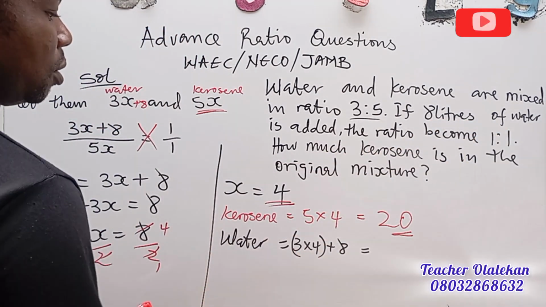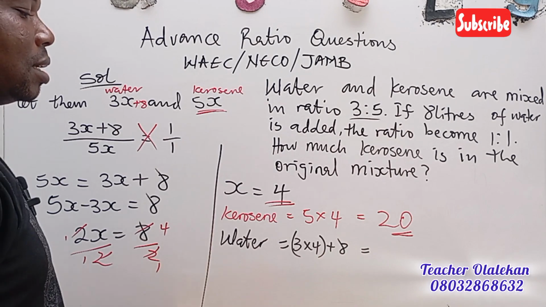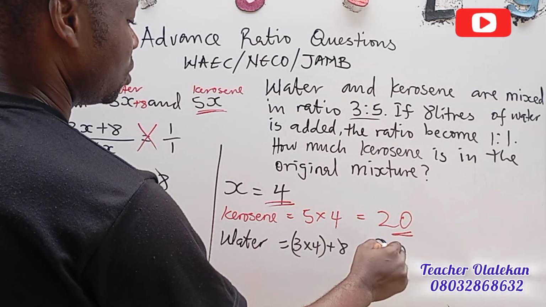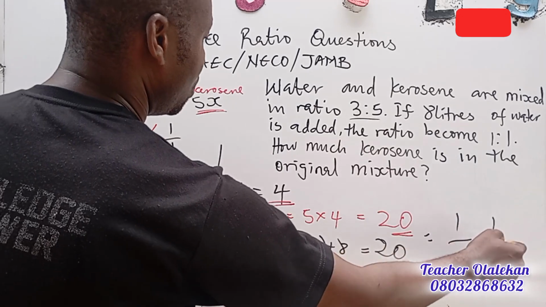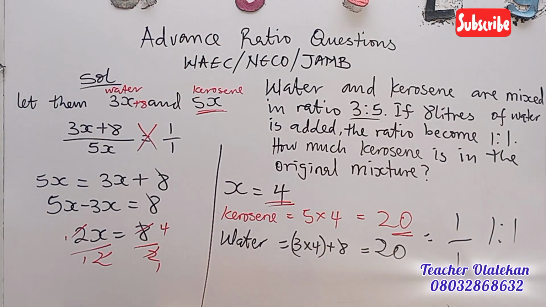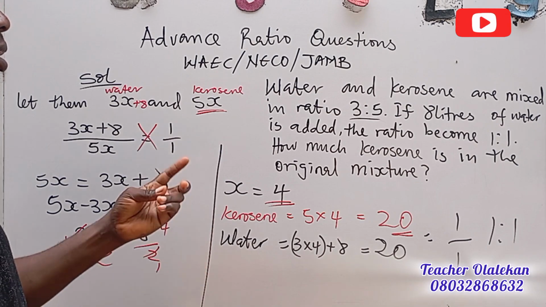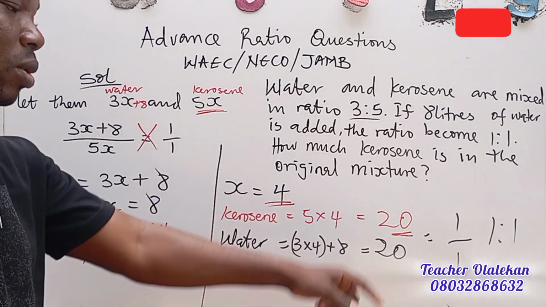So what's 3 times 4? 12. 12 plus 8 is 20. So that means we are correct. When you reduce this to the lowest term, you will arrive at 1/1, which is 1:1. So the x here is 4, and the amount of kerosene in the mixture is 20.